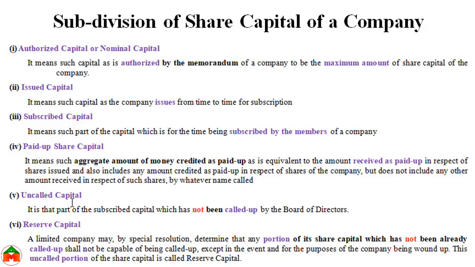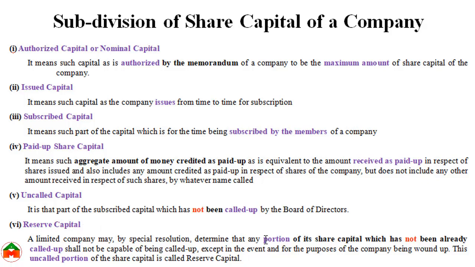That means the uncalled capital is the part of subscribed capital which has not been called up by the board of directors. Suppose you have taken permission for 5 billion as a capital, but if you issue 3 billion share, then the rest of the 2 billion share is known as reserve capital.